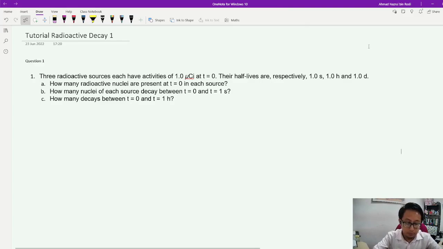So for this session we'll discuss question number 1 related to radioactive decay. So this is the question. If we have 3 radioactive sources, each with an activity of 1 microcurie at t equals 0, we have 3 half-lives here: 1 second, 1 hour and 1 day.